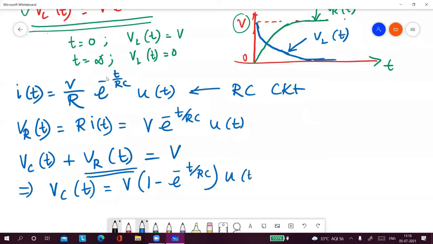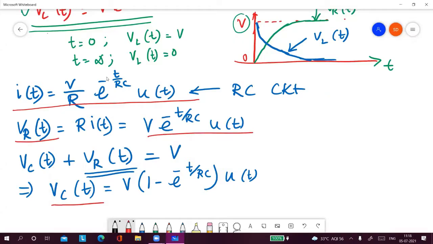Right? So this is the current. This one is the expression of the voltage drop across resistance, and this is the expression of the voltage drop across capacitance.